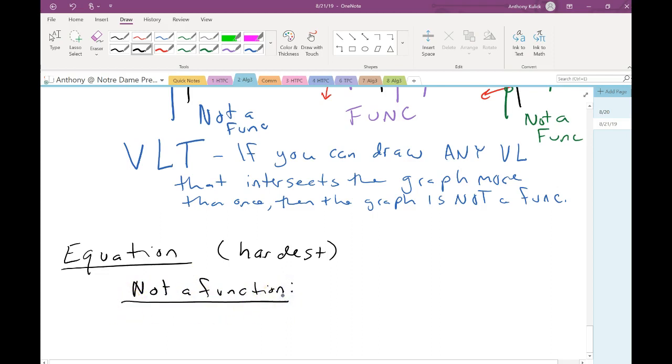So, situations that are not a function. If you have the equation for a vertical line, like x equals 5, that's not a function. If it's just x equals and then some number, those are not functions.